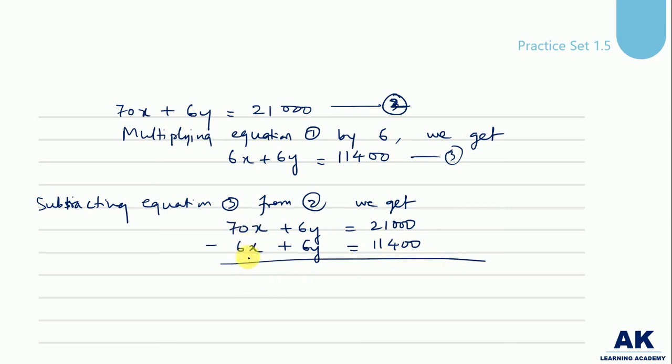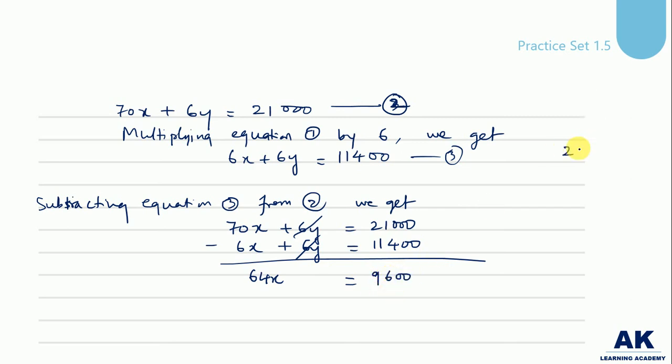So 70 minus 6 is what? It is 64x, and plus 6y and minus 6y get cancelled. 21,000 minus 11,400, it is 9,600, right? How will we get 9,600?